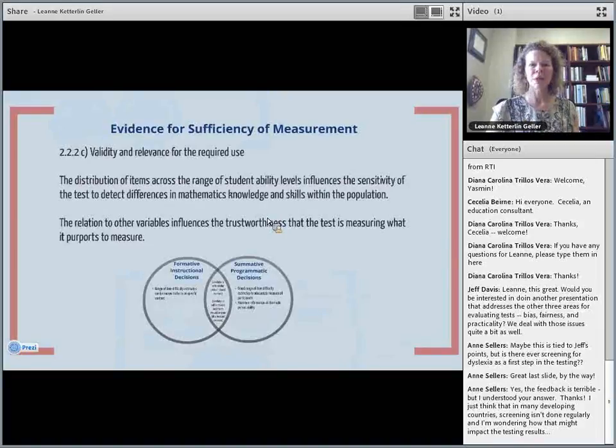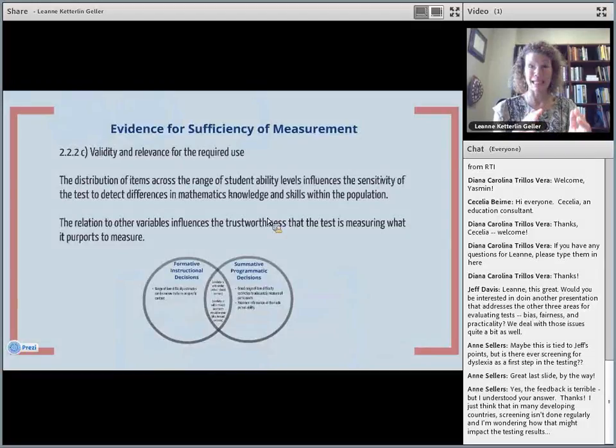I think that's an important point in any context: making sure that we get accurate information about the tested construct, in this case mathematics, and that anything that may conflict with that and introduce construct irrelevant variance is controlled for.